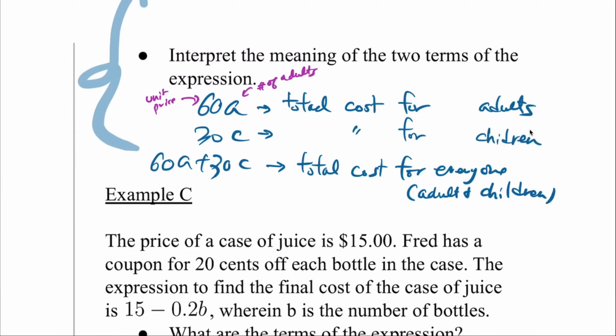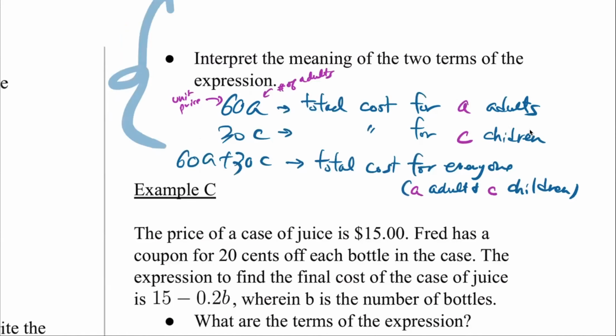Yes, that should have been A adults and C children. And then what is this equal to? Well, this is the total cost for everyone. I should have been a little bit more exacting. That is A adults and C children. Sorry about that. All right, guys. Let's continue on with C.